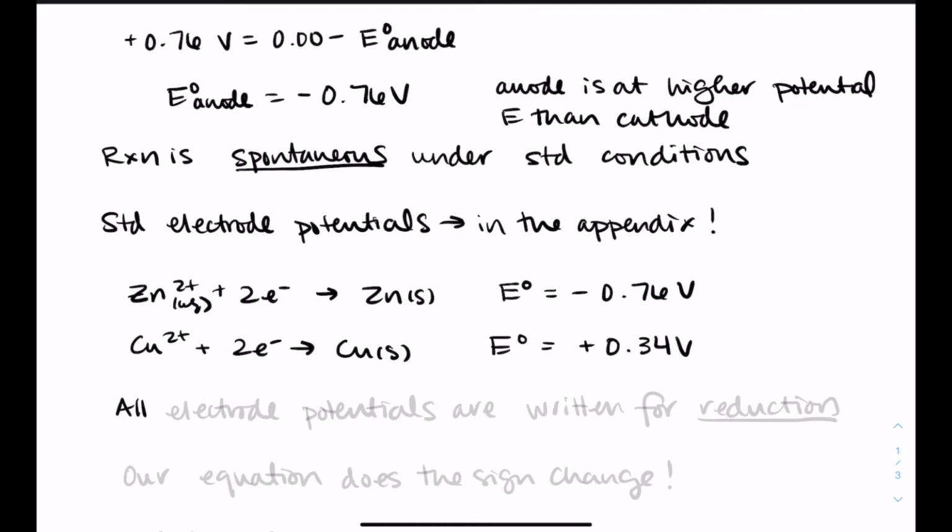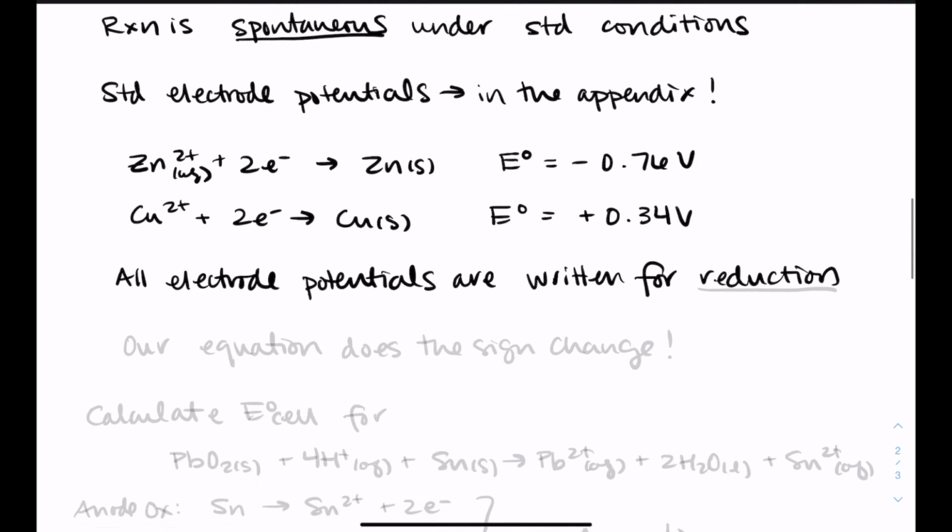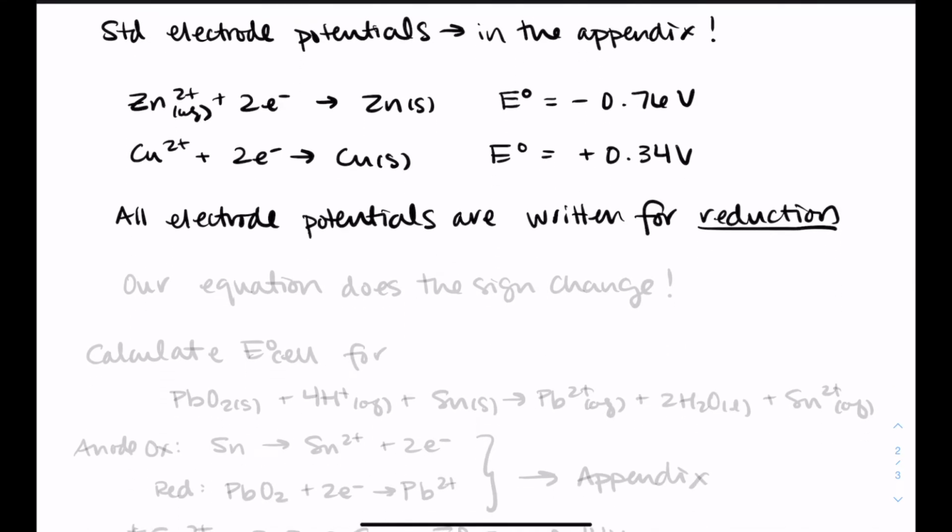If that reaction is not the reduction part, which it wasn't when we set up the standard, because we made the standard hydrogen electrode the cathode, we have to change the sign. So if the zinc reaction, for example, is the anode like it was where we started, then the sign would get changed.